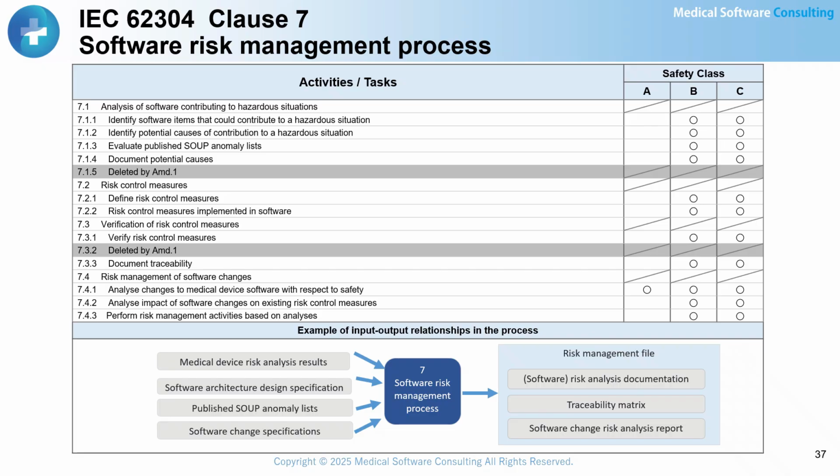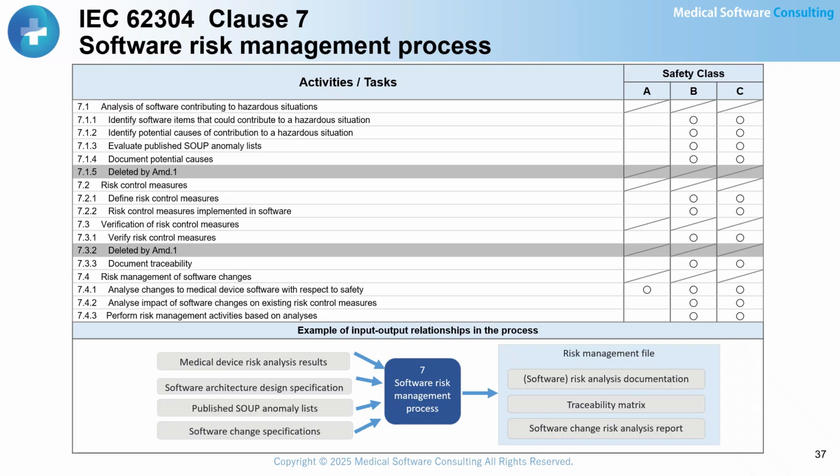Examples of potential causes include: A. Incorrect or incomplete functional specifications, B. Software defects in the identified software item's functionality, C. Failures or unexpected outcomes arising from SOUP, D. Hardware failures or software defects that may cause unpredictable software behavior, E. Reasonably foreseeable misuse. Published SOUP anomaly lists should also be evaluated.